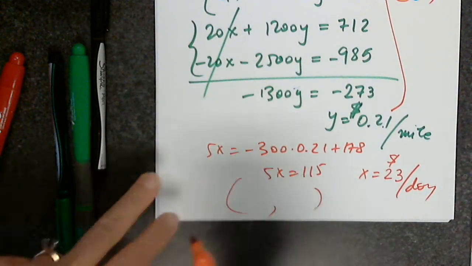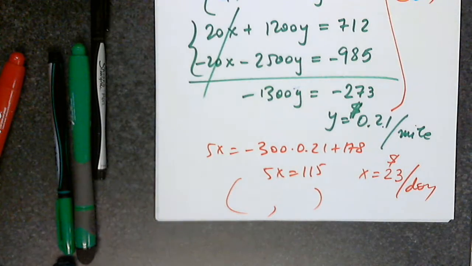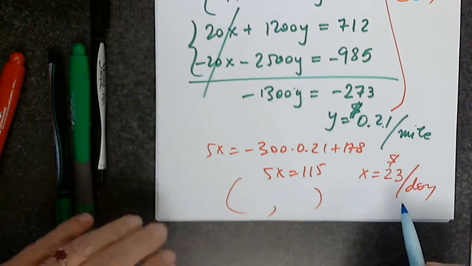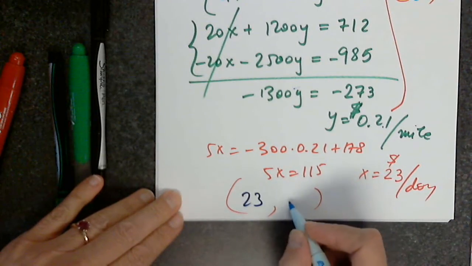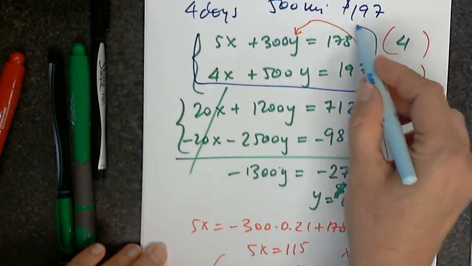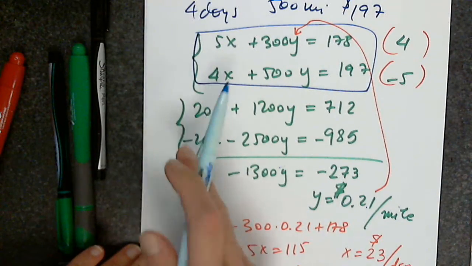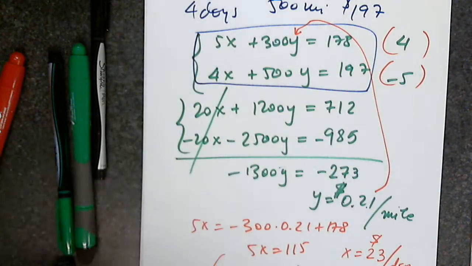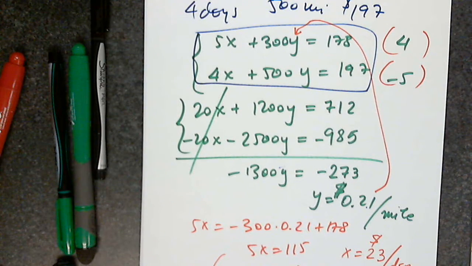It appears that the solution is, I'm not sure yet, but it appears to be 23, 0.21. Let's go back to the original system and plug them in and tell me whether we get the right-hand side.